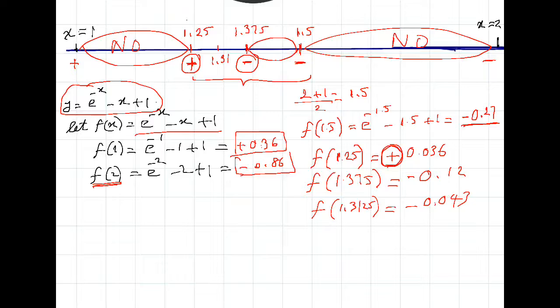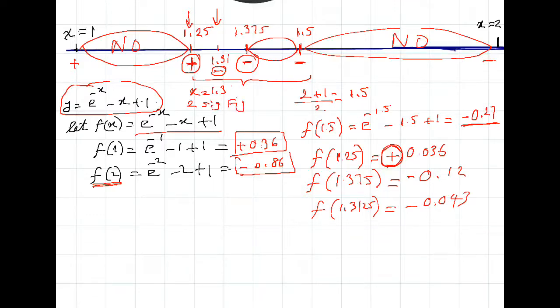So the root lies between this point and this point. So this is 1.31, and this is accurate enough for two significant figures.